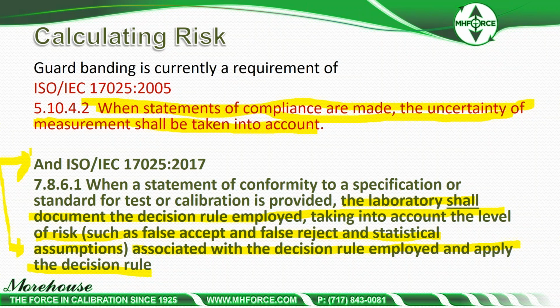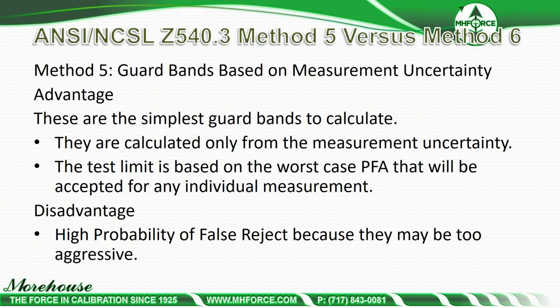But I'm more concerned here with false accept and showing that, even though I had a lab with a 100-to-1 TUR, if they reported 10,000 and my specification limit was such that I'm right on the line, I have a larger risk than I thought. So we get into this in greater detail, the two methods. There's method 5, guard bands.